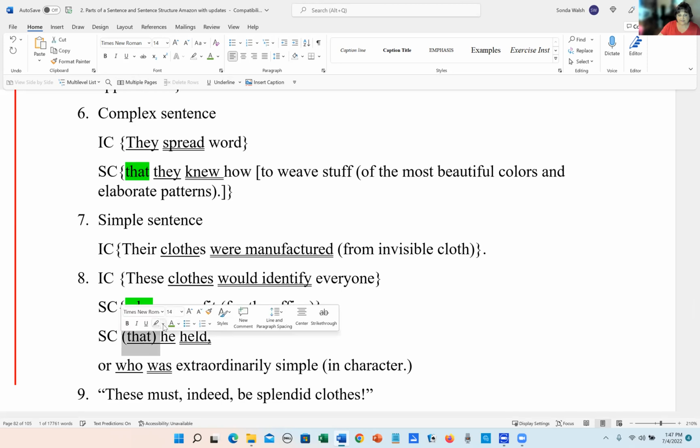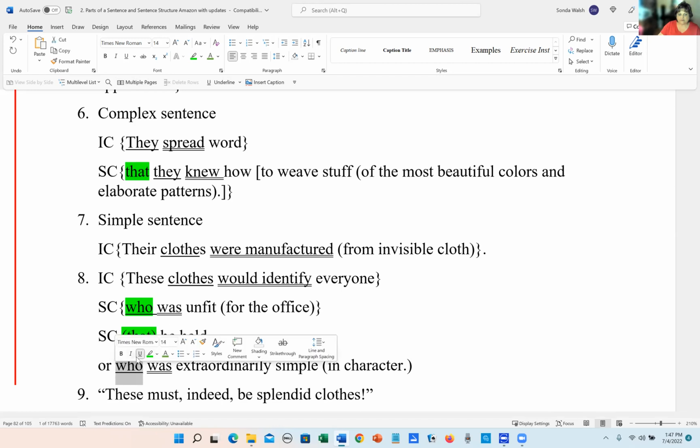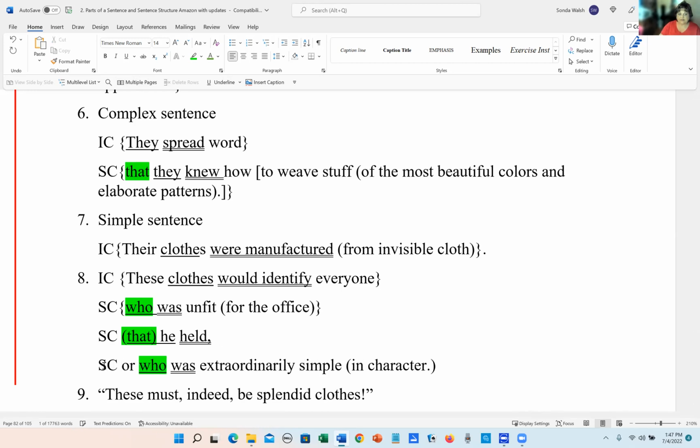And I'm sorry, I can't explain that any better than if you put it in and it makes sense, it's probably omitted. And then this one has a relative pronoun. So this is a subordinate clause. So in this sentence, we have one independent clause and three subordinate clauses. And that means we have a complex sentence.